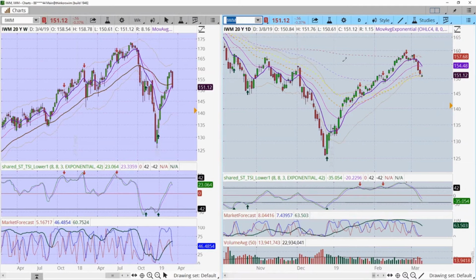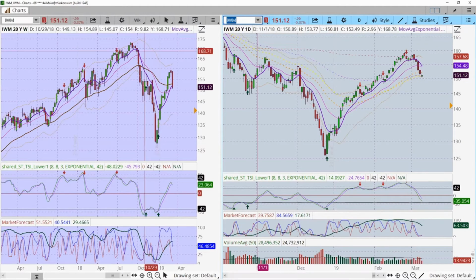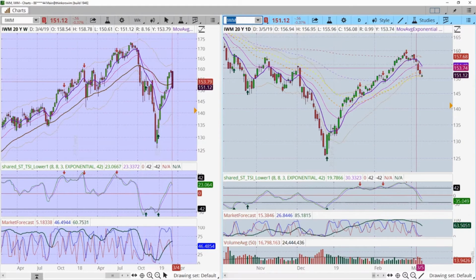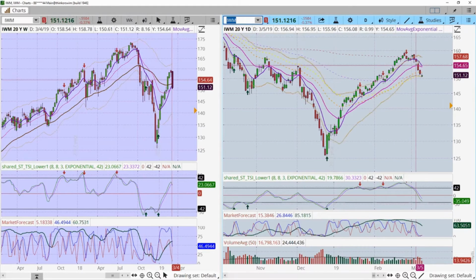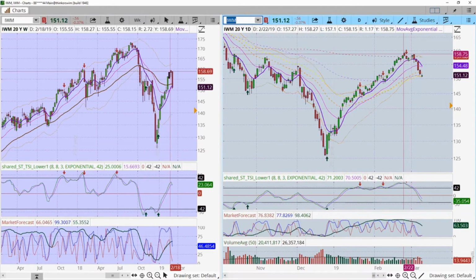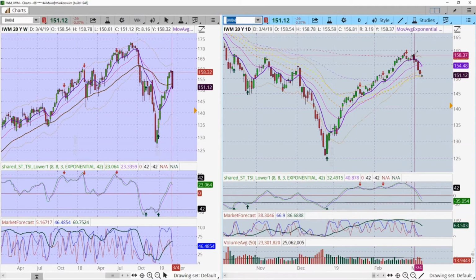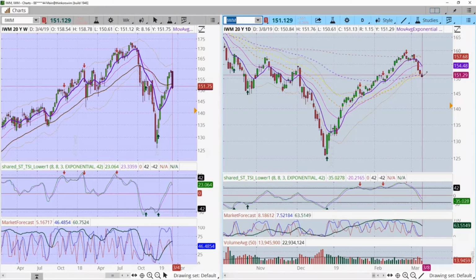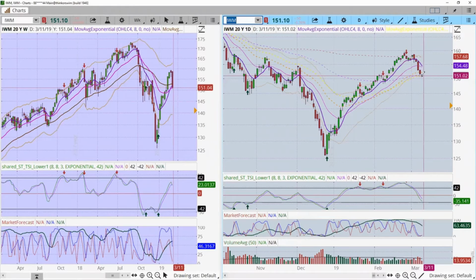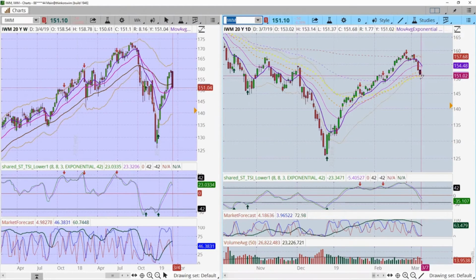Anyway, the IWM is acting a little bit weaker than the other indexes. It already did its little test where it fell, popped up, did a little retest of the old highs, and then dropped. It has dropped down nicely to the 50-day moving average. Again, I'm not going to short it here.